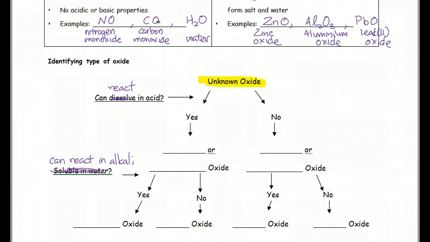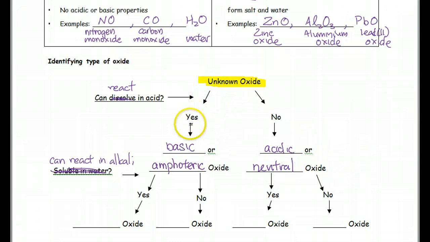But we can try some tests with it. Maybe we can throw it in acid. If it reacts with acid, we know that definitely it can be either a basic oxide or an amphoteric oxide. However, if it doesn't react with acid, we know that it can be acidic or it can be neutral.